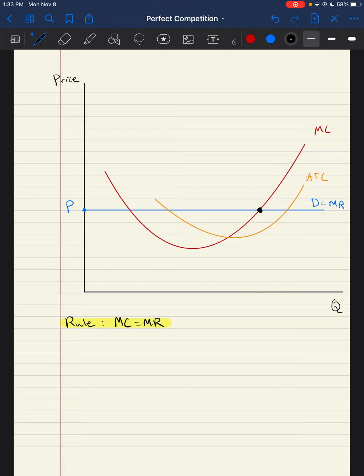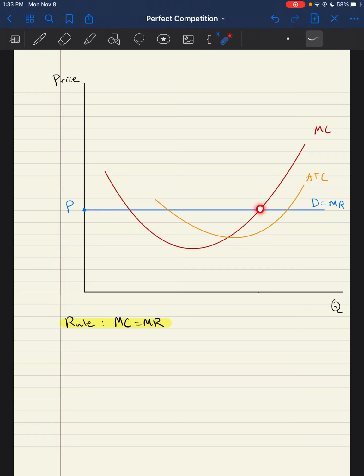Well, this means that the additional cost incurred by the firm for producing some good or service is equal to the additional amount of money they will earn from selling that good or service. And when the marginal cost is equal to our marginal revenue, that's when the firm basically stops producing. So where does that happen on this graph?